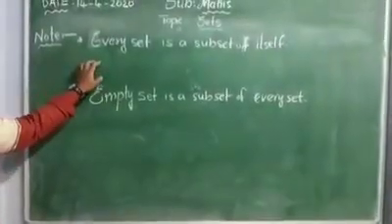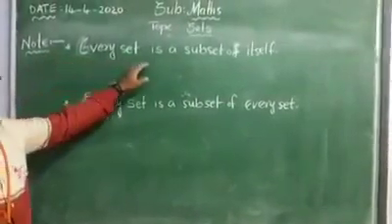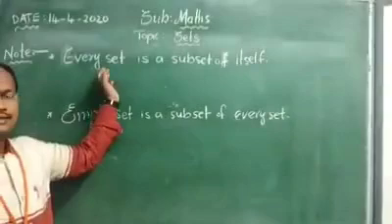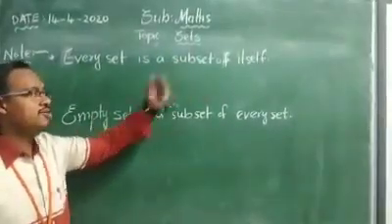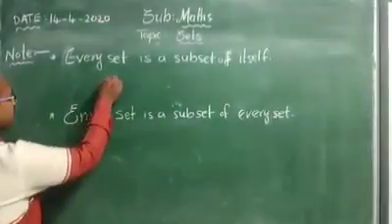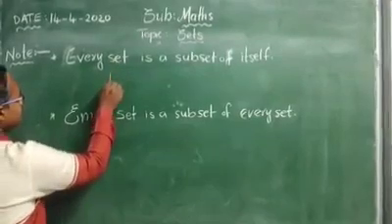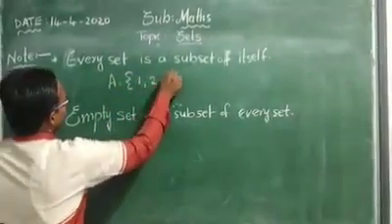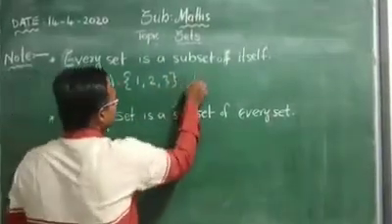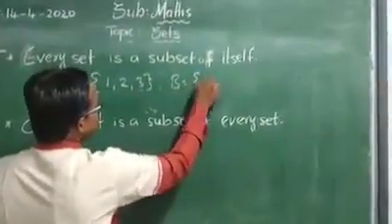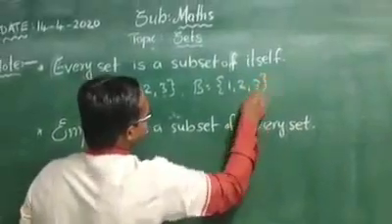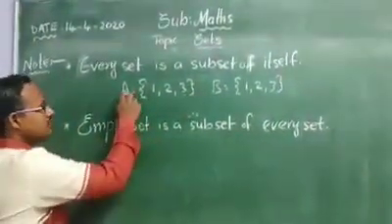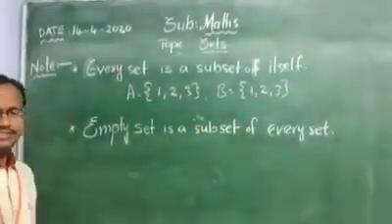Okay, now the next one is: every set is a subset of itself. For example, if I take A is equal to the set {1, 2, 3} and B is equal to the set {1, 2, 3}. Now here all the elements of A are in B, is it not?